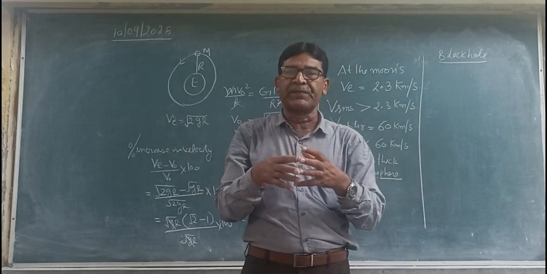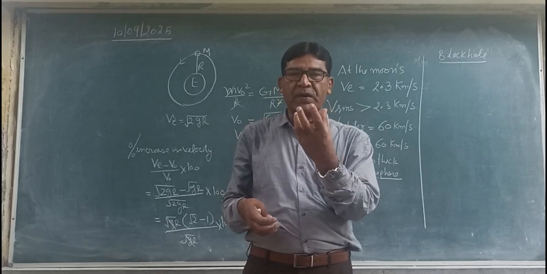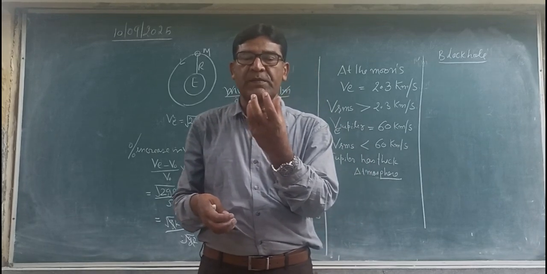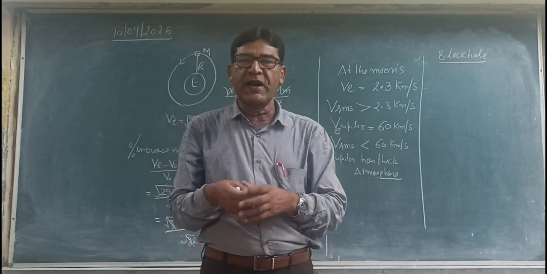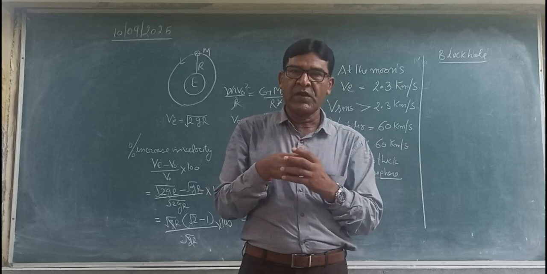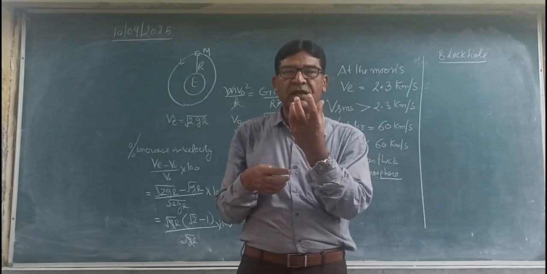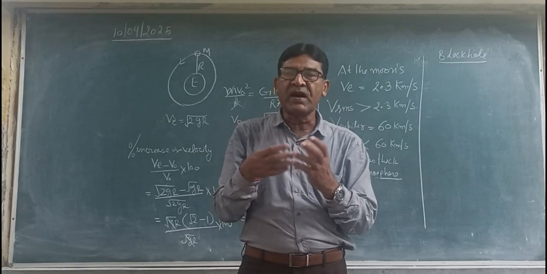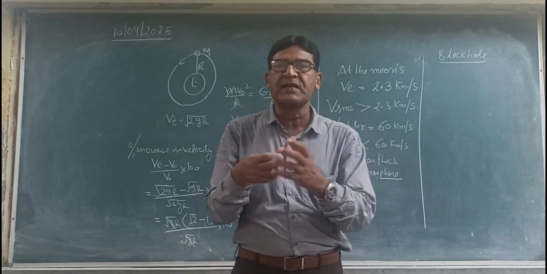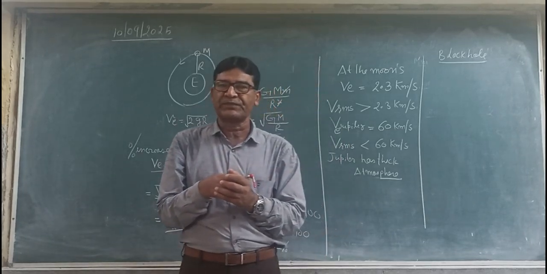During the collapse, the central part becomes very hot, pressure becomes very high, and thermonuclear reactions start taking place. Then mass starts converting into energy according to the formula E is equal to mc square.